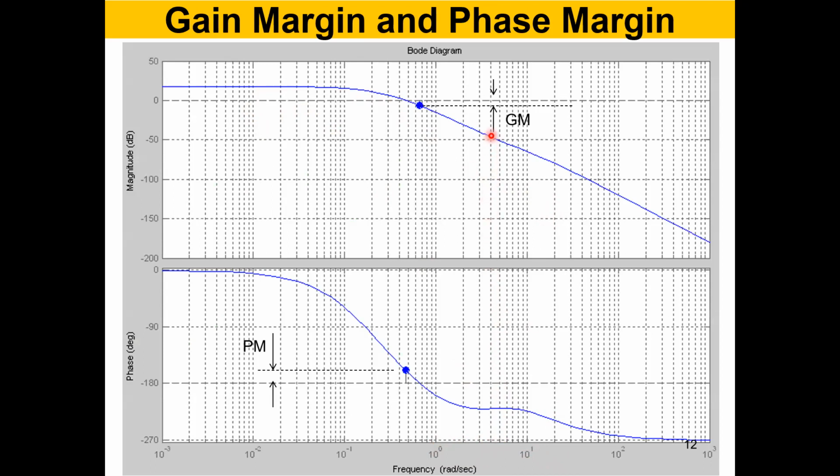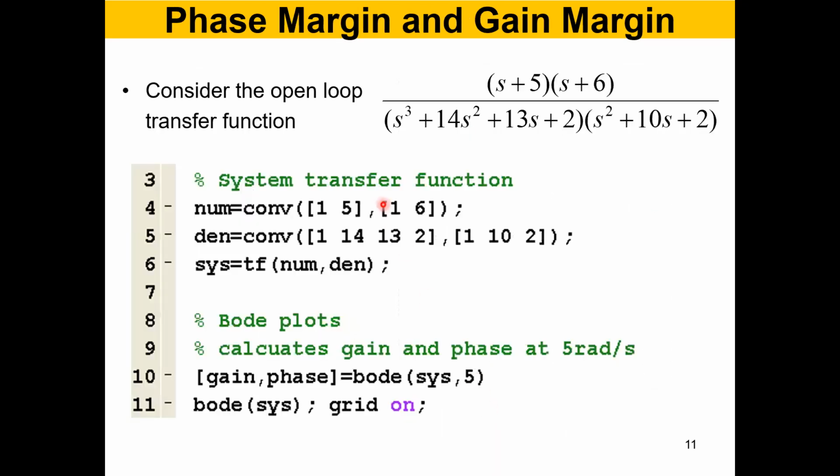Gain is this much, closer to minus 50 dB. And the phase is between 180 and 270, somewhere here. These numbers will be printed on screen when you run this code, gain and phase.